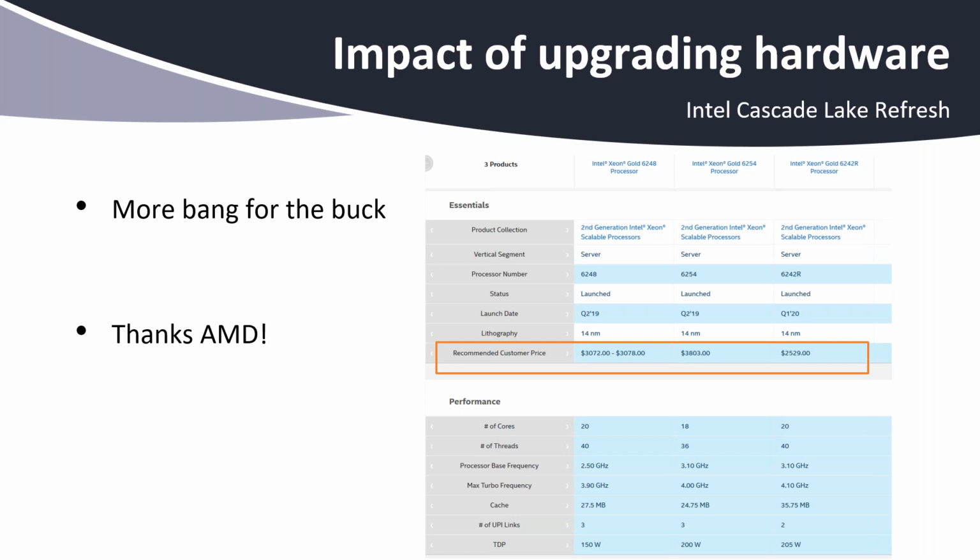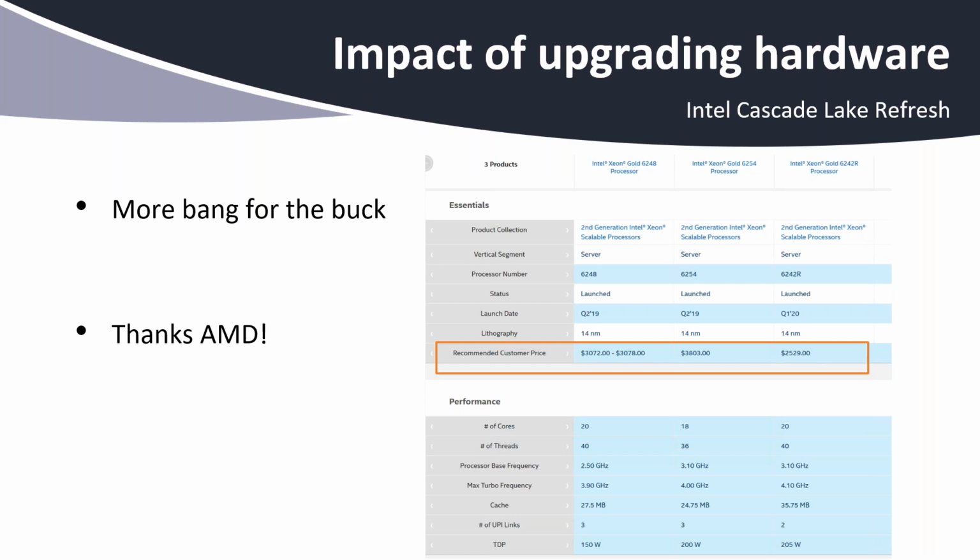So for example, here, if you look at an Intel Xeon, the CPU that I mainly selected for customers was the 54, sorry, which is an 18-core on 3.1 gigahertz. So it's a really fast CPU with 18 cores, costing around $3,800.